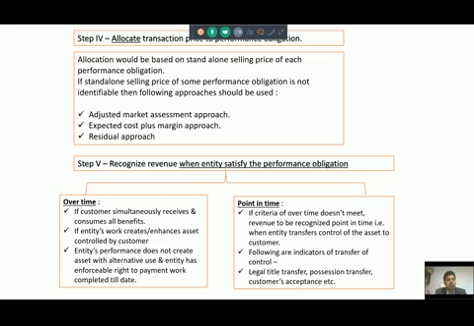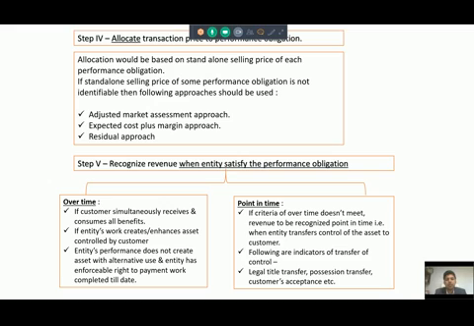Or, if the entity's performance does not create an asset with an alternative use, and the entity has an enforceable right to payment for work completed till date, in this case also the entity satisfies the performance obligation over time. So as and when the performance obligation is getting satisfied, the transaction price attached to this contract will be recognized as revenue.